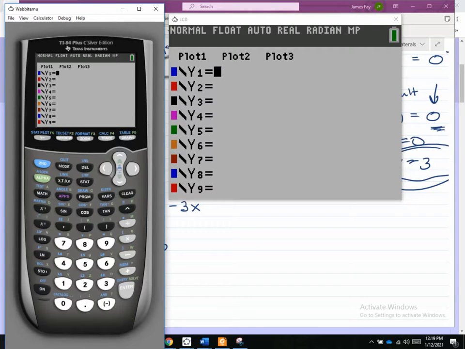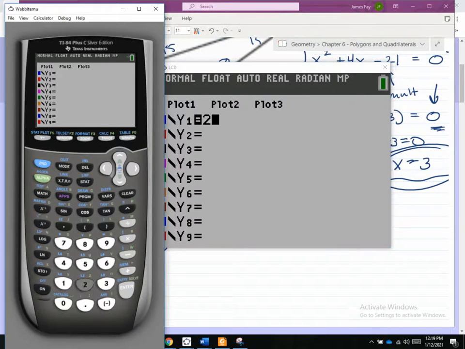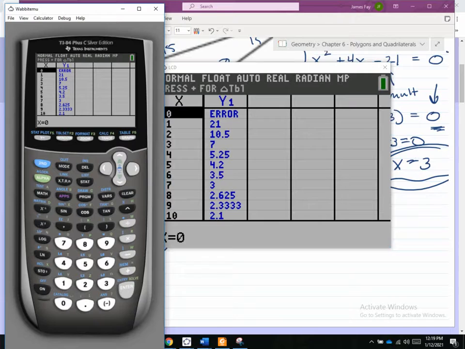But doing the one that we just did, I had what, 21 and 4. So what I'm going to do is take my 21 and divide it by x. Okay? And then I'm going to go over to second table. And you can see here, it gives me two numbers that multiply together to give me 21.